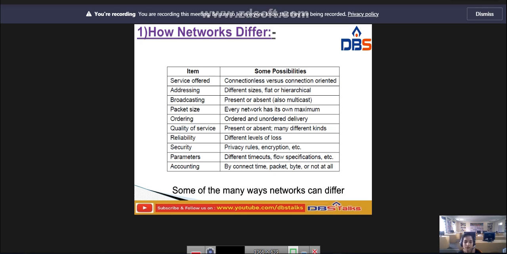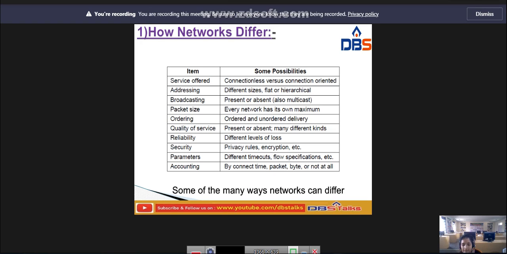So these are some of the many ways networks can differ. Every network changes in these ways.